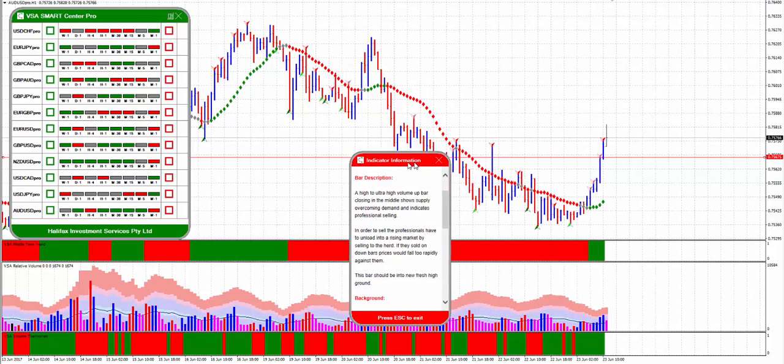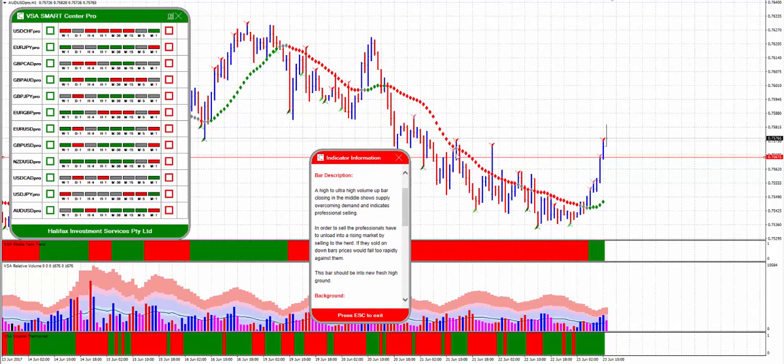And if you look at the price bar, it has broken above this previous selling here, and you can say it's fresh new high ground over the last couple of days. Okay, so currently at this time we're seeing the bar is looking like a weak bar.